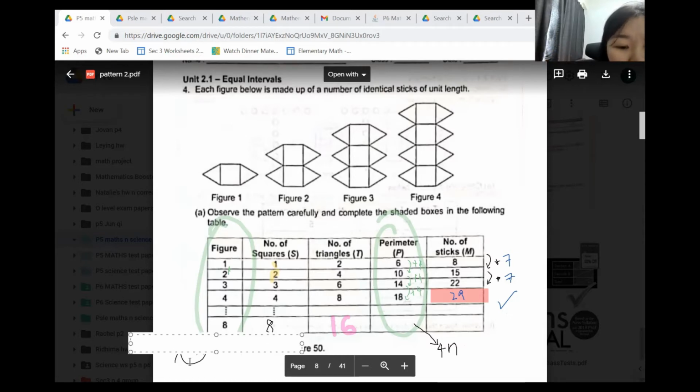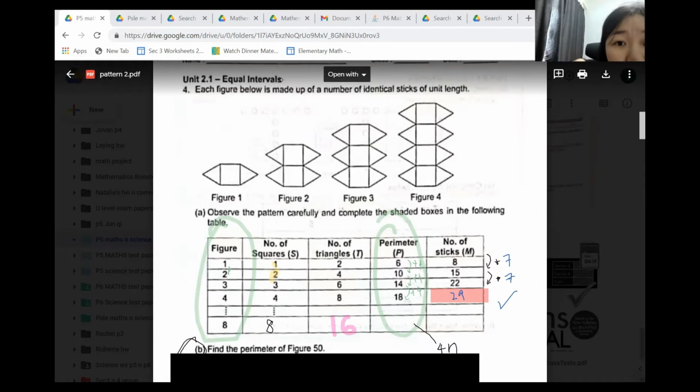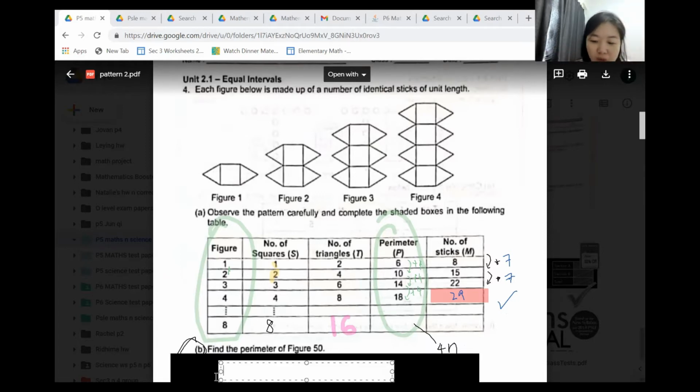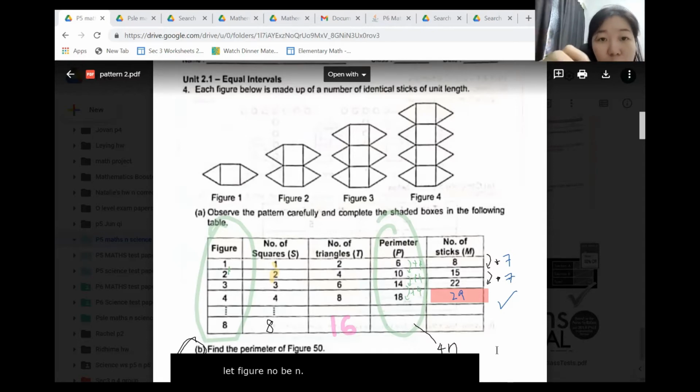If we do an n term, it means that we are letting the figure number be n. So let me write here, let figure number be n. If I let the figure number be n, we will have 4n here, and then for 7, I can straight away say that this is 7n.